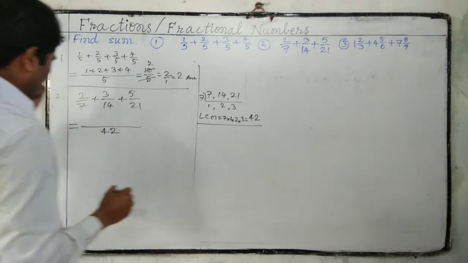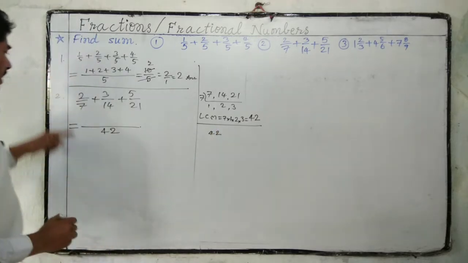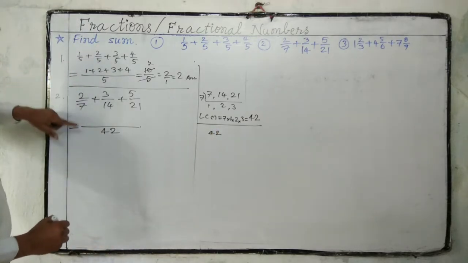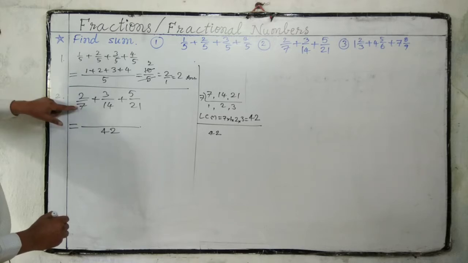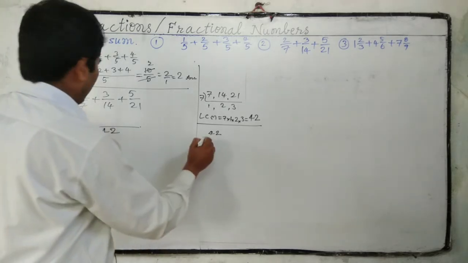Now divide this denominator with the denominator of all fractions and multiply with the numerators alternately.